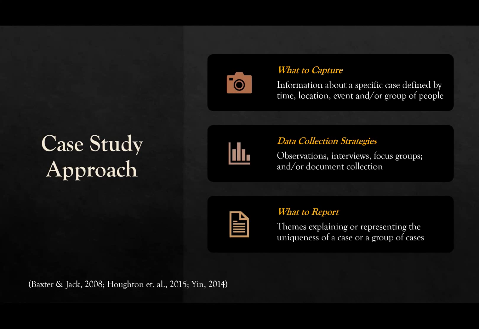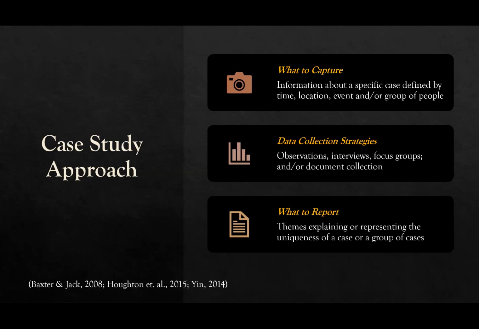You can use case study approach because it's something that happened in a particular time, right? You can study a specific location, right? You can also study a particular group of people who have experienced something that you are interested in.